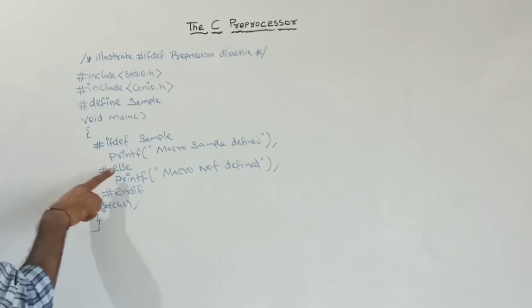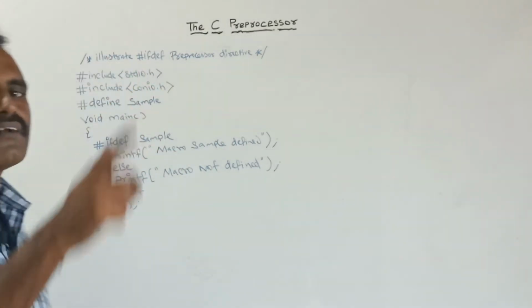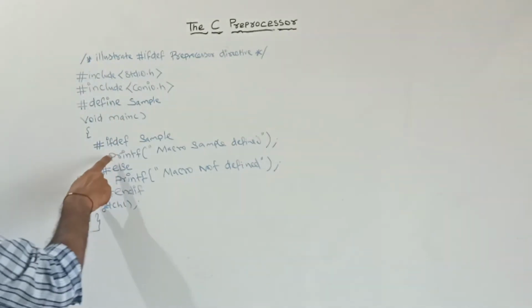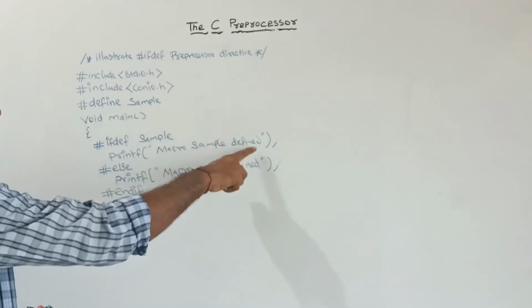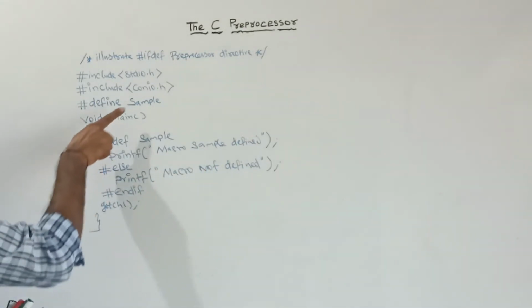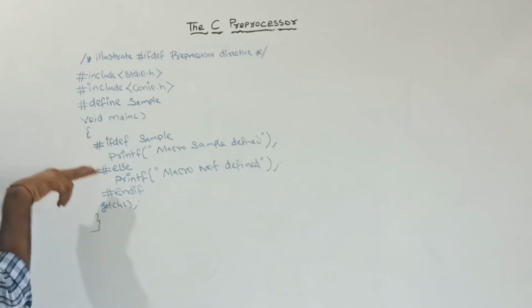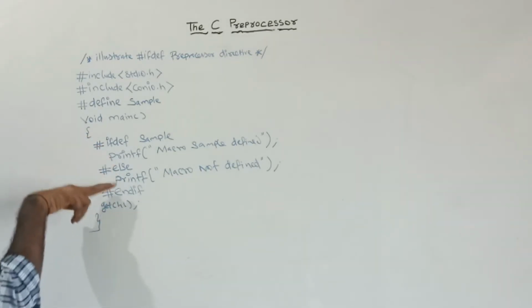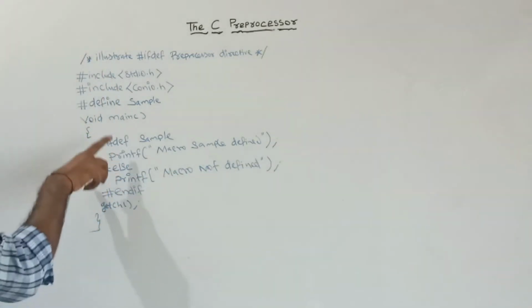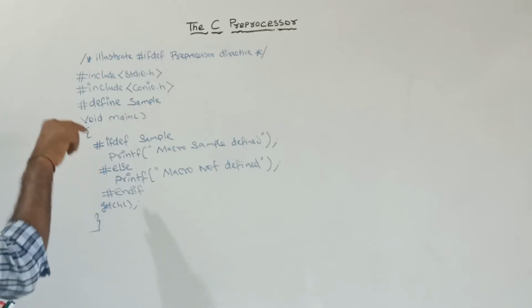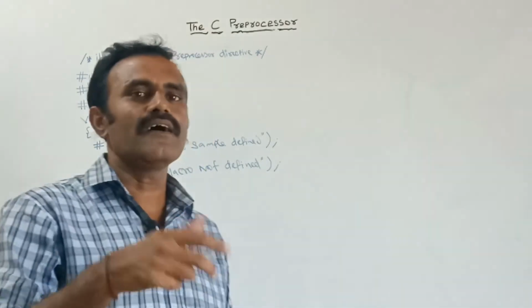Here, using ifdef, I am checking whether sample was defined or not. If it is defined, then I am telling it to print that the macro sample had defined. Otherwise, if it is not defined, in the else part I am telling it to print that the macro was not defined. In this way, using ifdef, we can test whether the macro was defined or not.